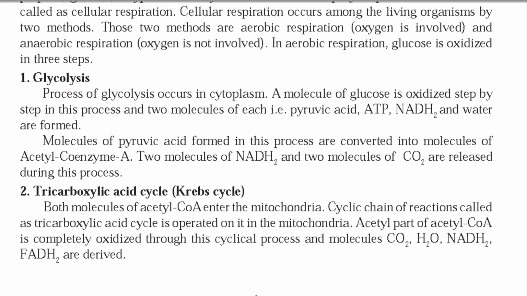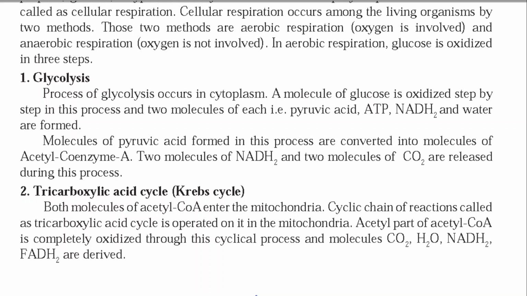Most important, this glycolysis takes place in the cytoplasm, that means the liquid present inside the cell. There the glucose is oxidized by oxygen into ATP, pyruvic acid, NADH2 and water.